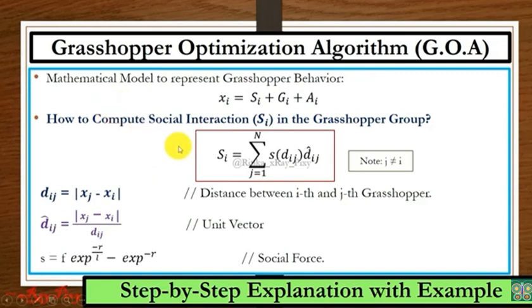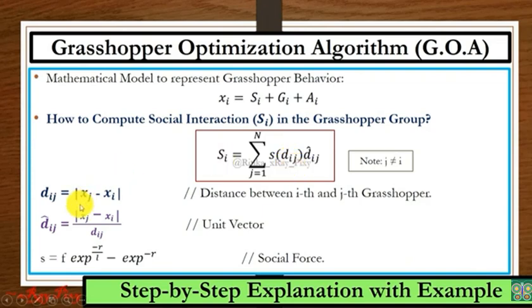Now we have this mathematical model. We need to compute values for Si, Gi, and Ai. So how do we compute the social interaction in the grasshopper group using this equation? Here S is the social force and we can compute this using this equation. Here Dij is the distance between the ith and jth grasshopper.